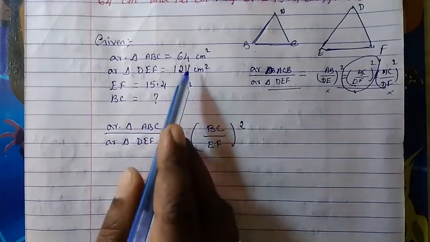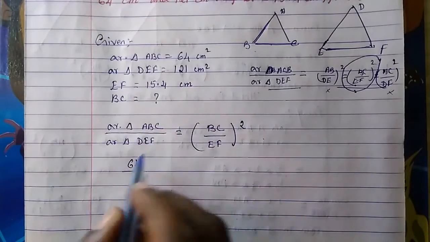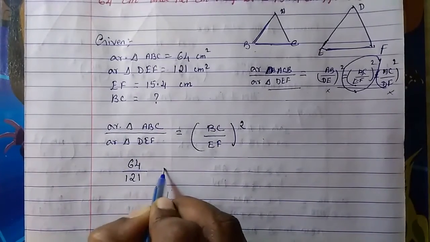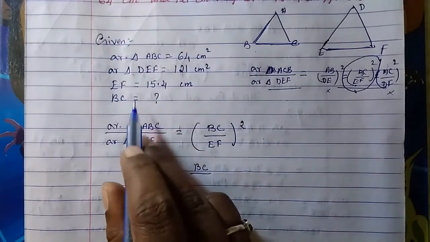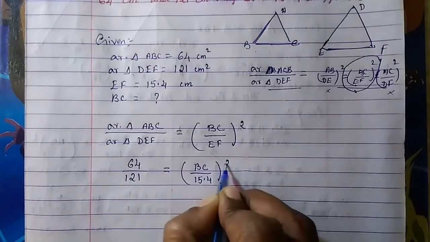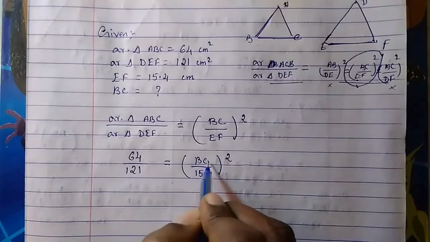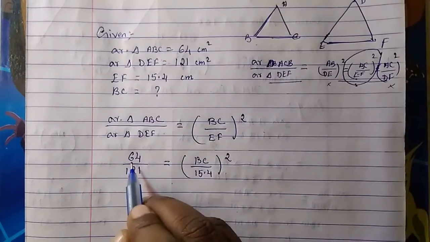Area of triangle ABC is 64, DEF is 121, BC we don't know, EF is 15.4 whole square. Now instead of making this square and square, it is going to be complicated. What we will do, we'll bring the square to this side.